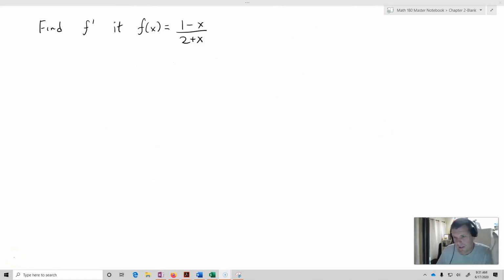Now try and see if you can follow along with me. We want to find f prime if f of x equals (1 minus x) over (2 plus x). The first thing we want to do is put this into our derivative equation.